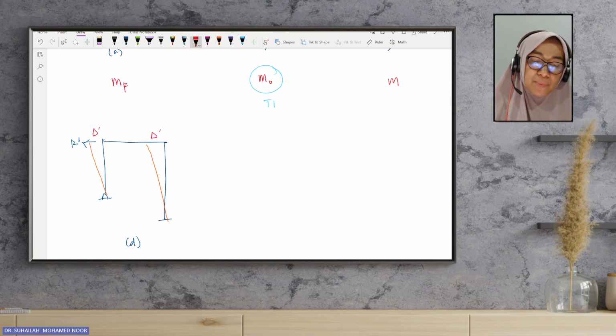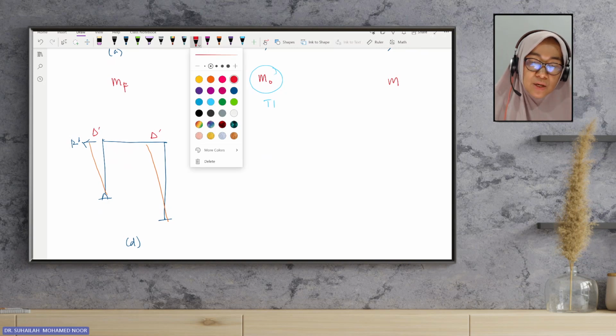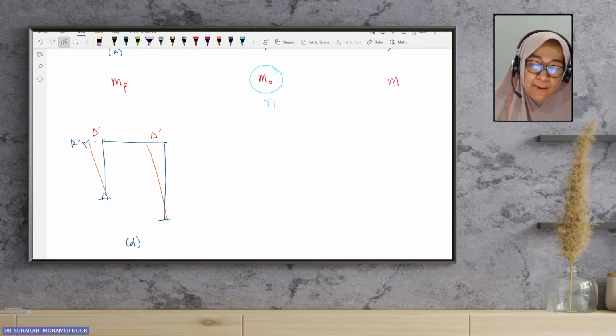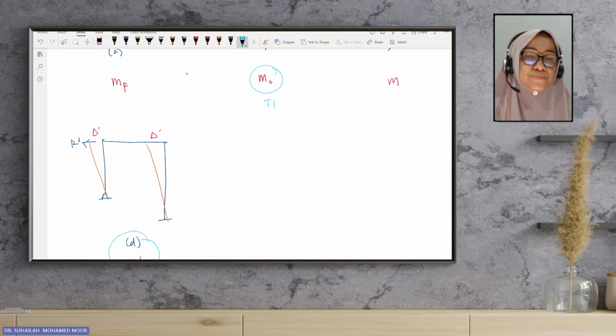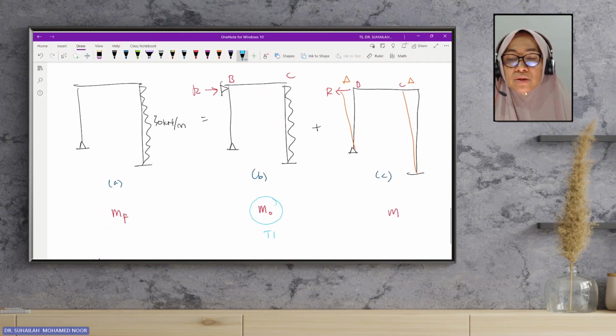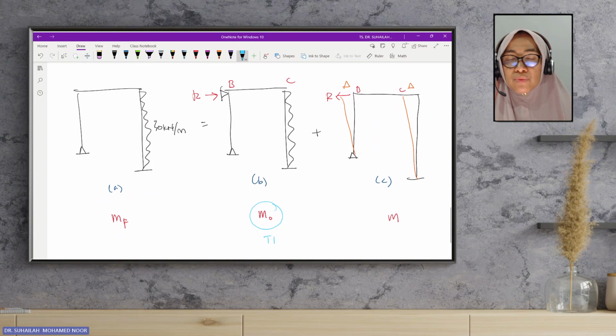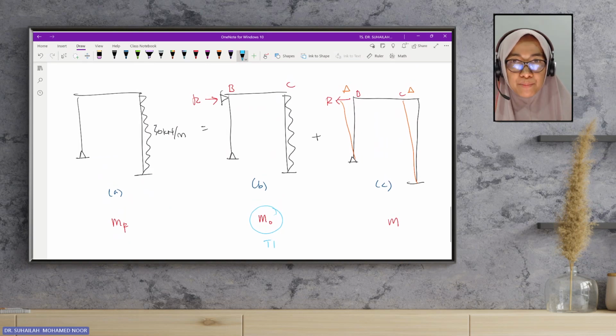And the moment for this one, because this is table 2, we label the end moment as M prime. Because we cannot assume delta, we cannot calculate end moment M directly.